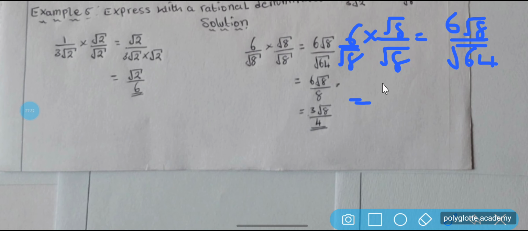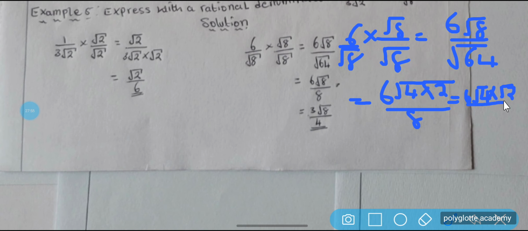This should be analogous to 6 root 4 times 2 divided by 8, which will be analogous to 6 root 4 times root 2 divided by 8. So this one boils down to 6 times 2, because root 4 is 2, and then times root 2 divided by 8.